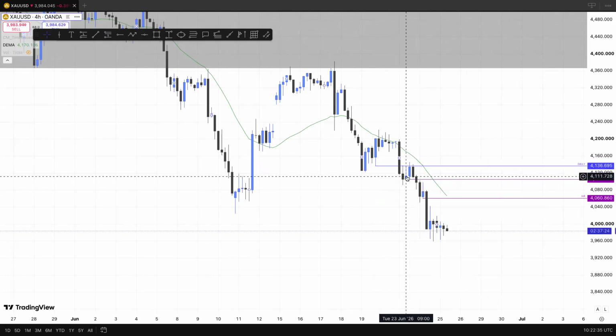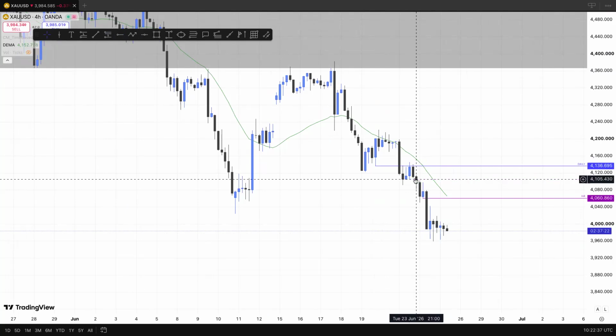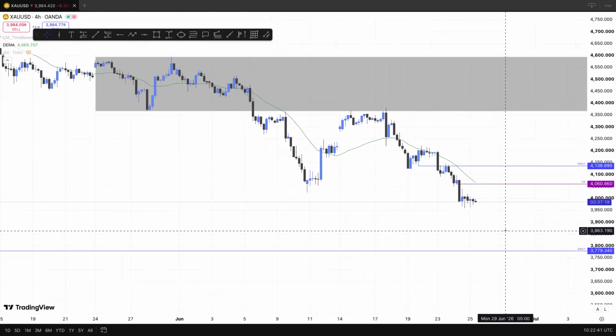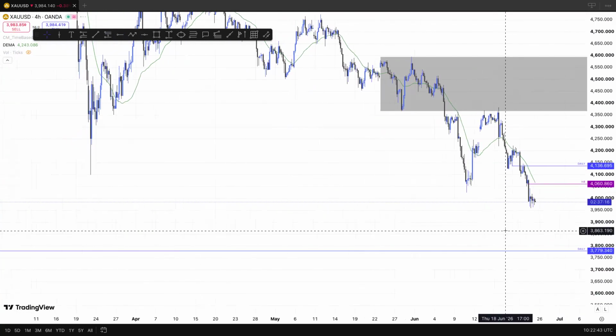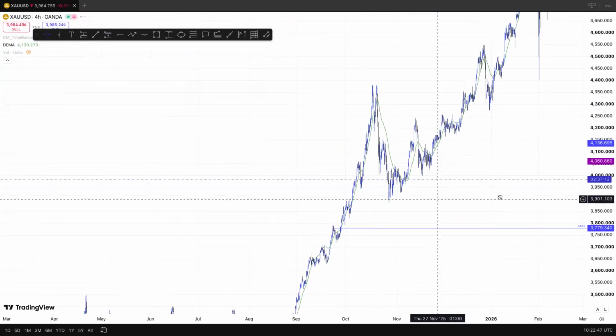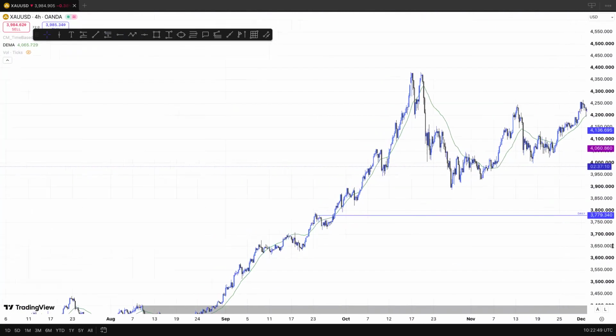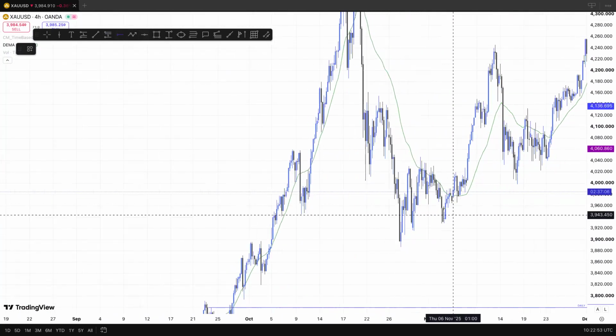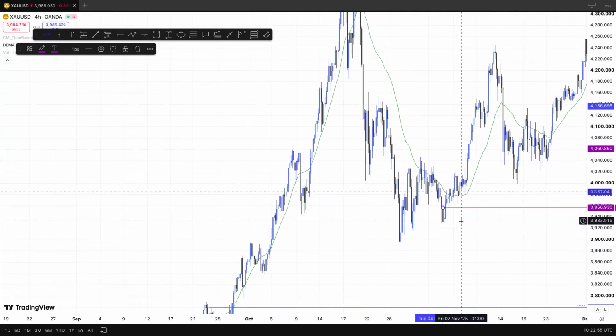But let's use only the first one, because we'll have to break this first one before we get to the second one. All right. So now, if price is likely to find a demand next, what is a high probable area for price to find? Price is likely to find this demand next.